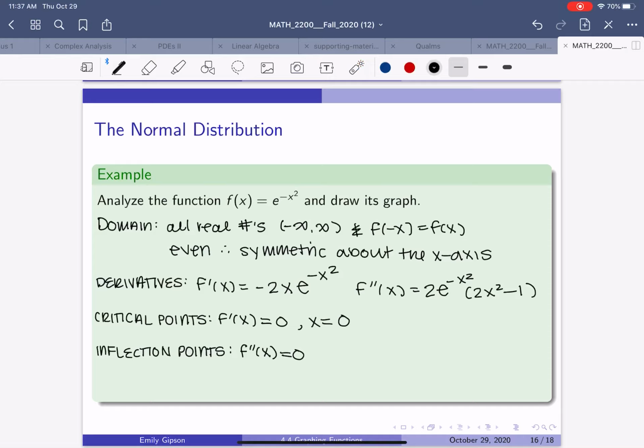Which means we've got possible inflection points at x equals plus or minus 1 over root 2. So our next step is to do concave up, concave down, and increasing and decreasing.